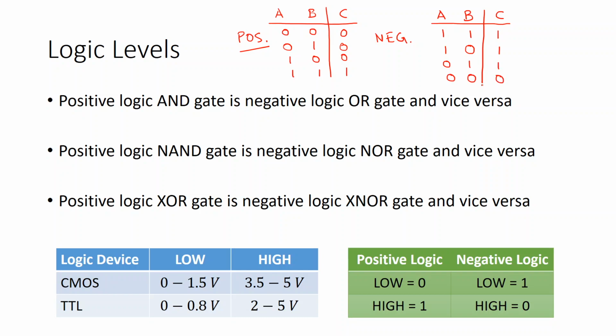So now you look at this truth table, and this was the AND. This truth table is nothing but the OR. The truth table for OR.